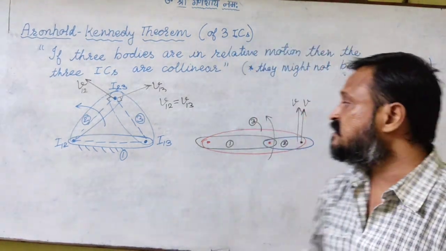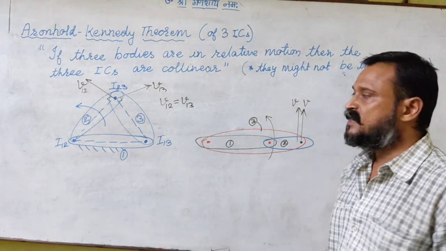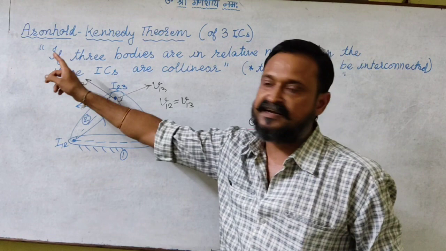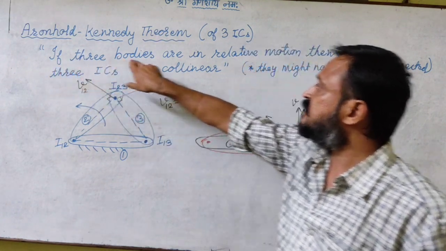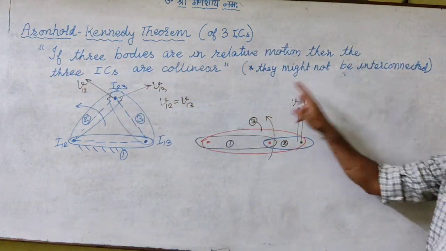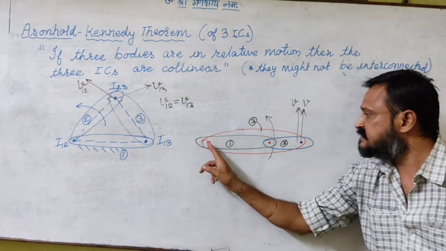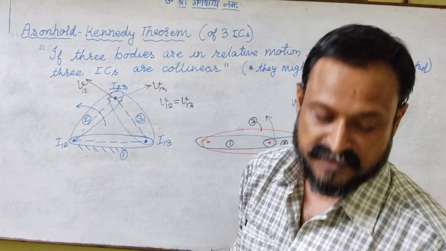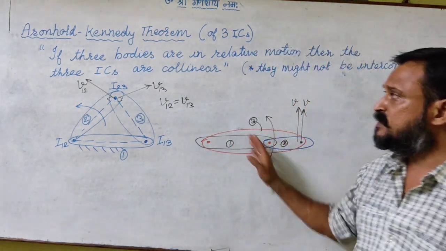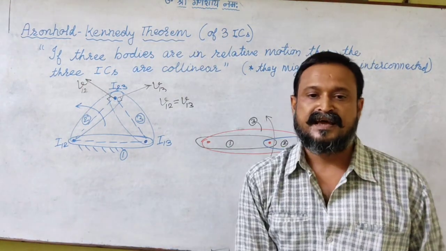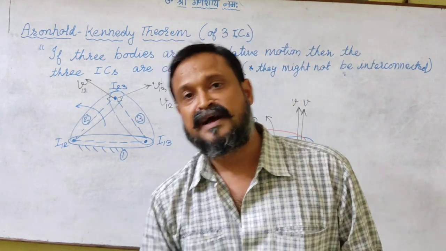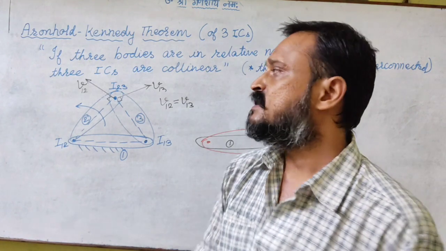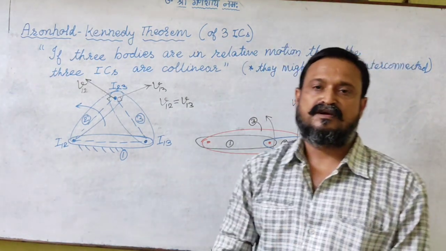So thus we have proved the statement of the Aronhold-Kennedy theorem, which states that if 3 bodies are in relative motion, then the 3 instantaneous centers will always be collinear. And this particular theorem helps us determine the velocities of various joints and do the velocity analysis.